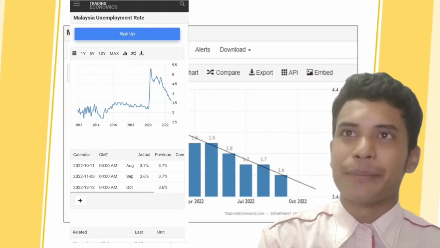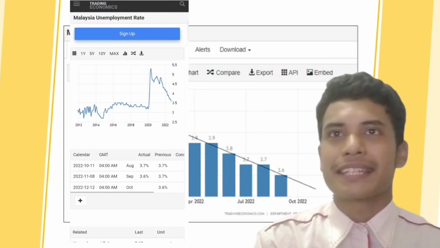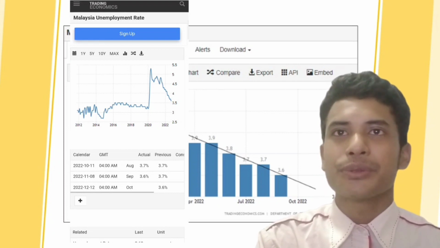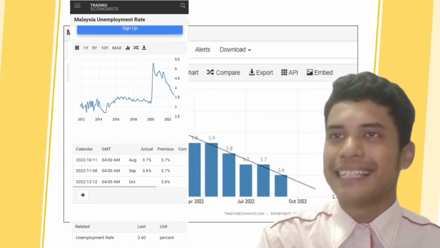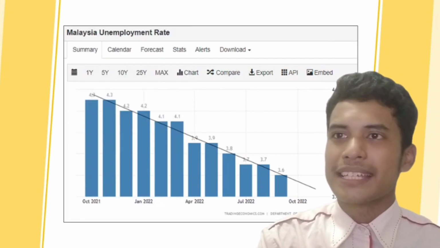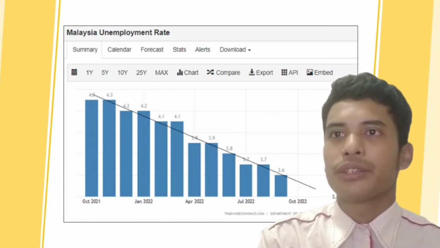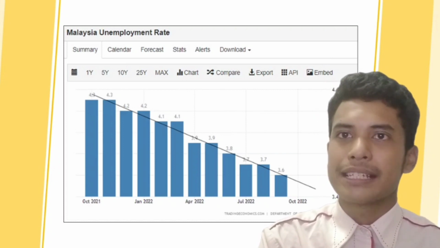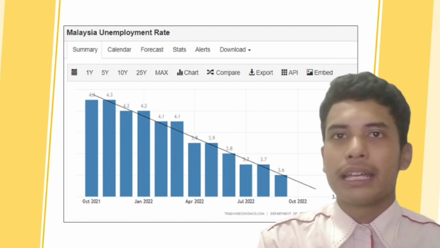As we can see, the unemployment rate in Malaysia declined to 3.6% in September 2022 from 4.5% in the same month a year earlier. So, as we can see, starting from October 2021, January 2022, it's going down until October 2022.